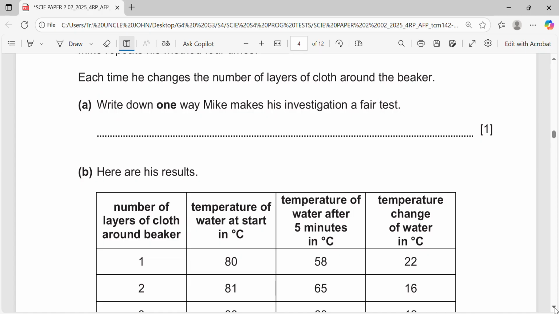Write down one way Mike makes his investigation a fair test.